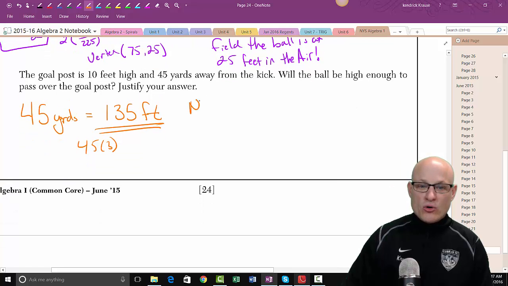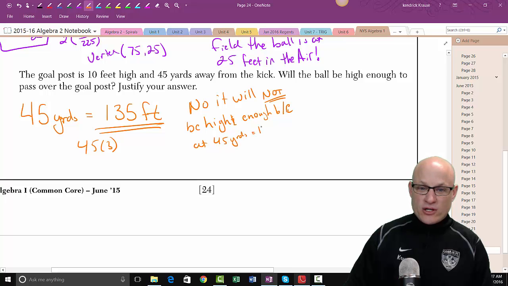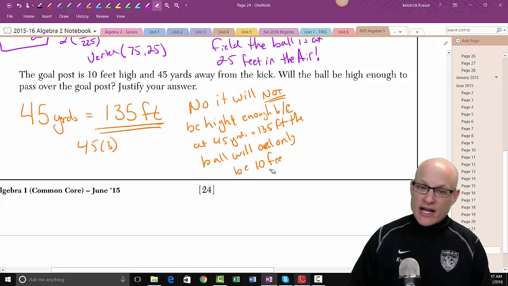So the answer is no, it will not be high enough, because at 45 yards, which is equal to 135 feet, the ball will only be, not 10 feet, 9 feet in the air.